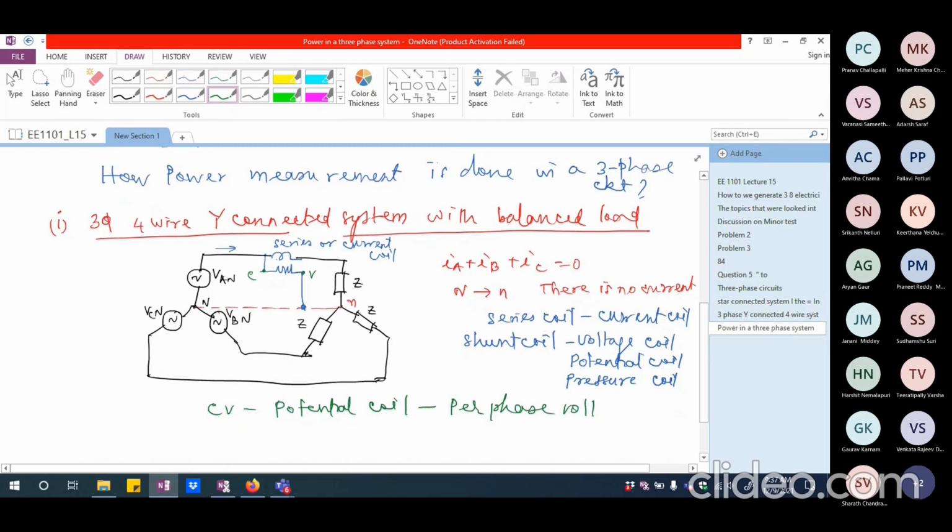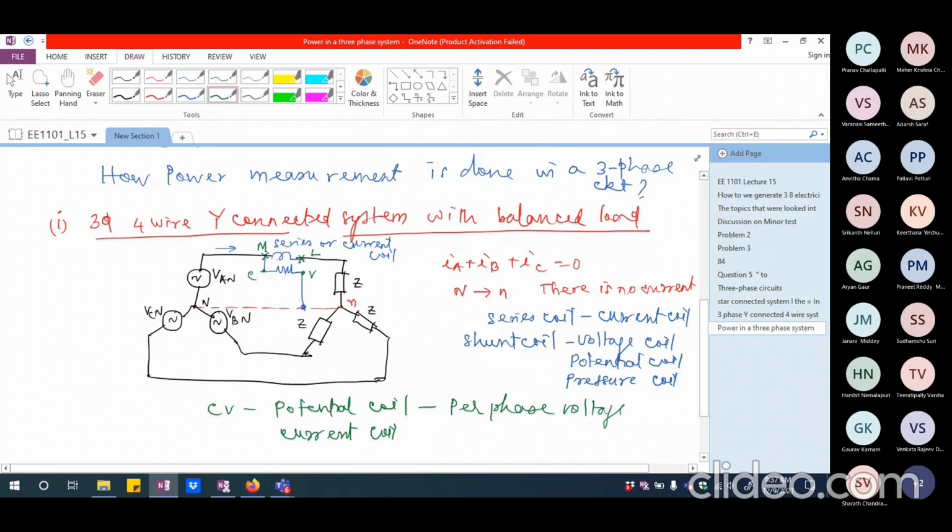Okay, and I'm going to have this series coil, which is the current coil. This generally is connected to the mains or the supply, and this side is connected to the load.